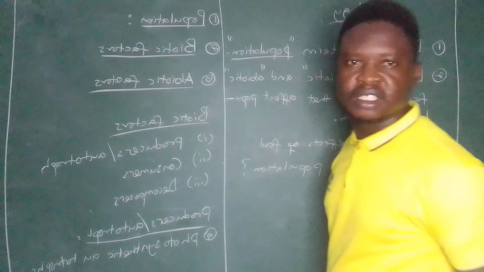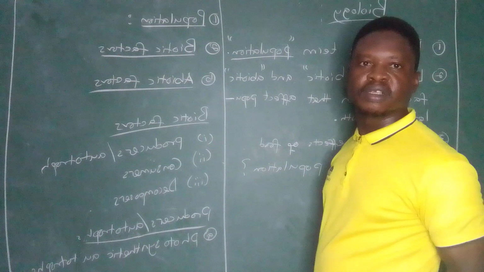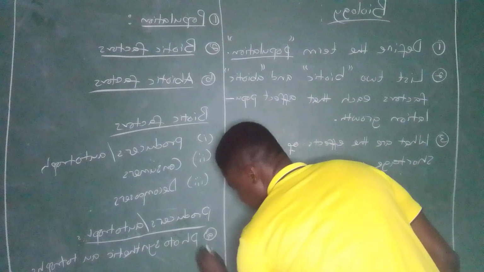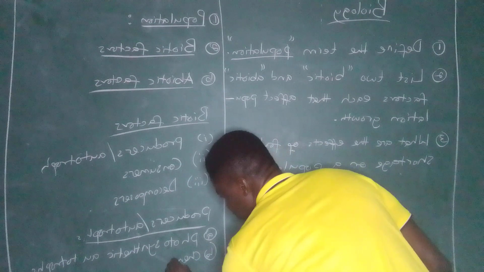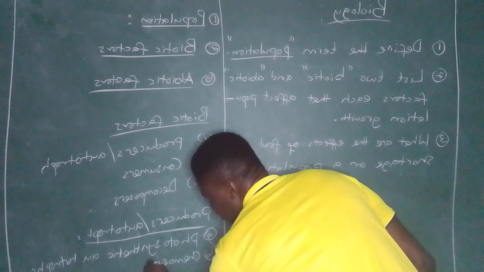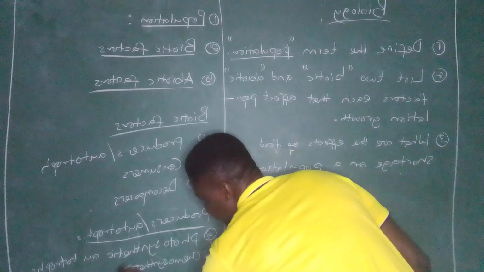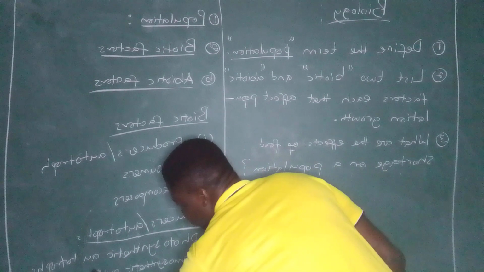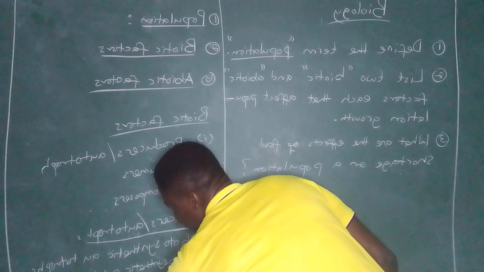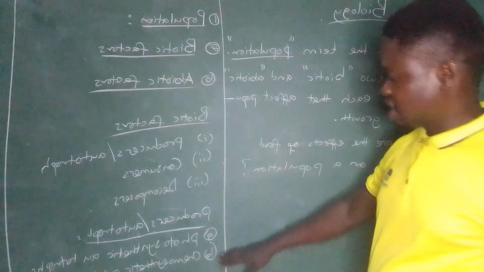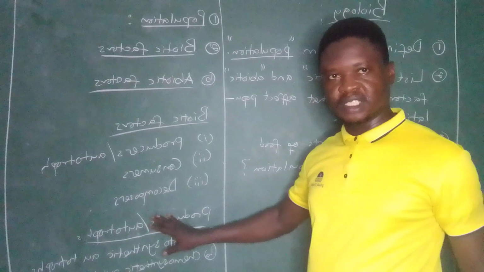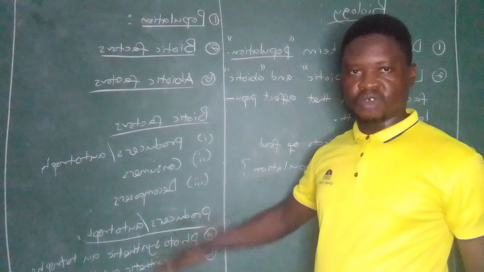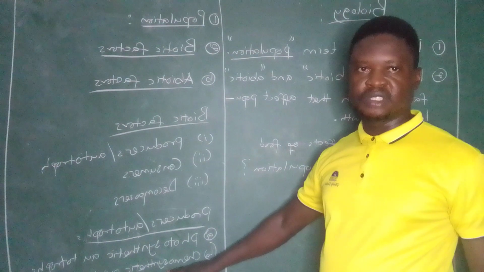I hope you can see that's okay. The other one is chemosynthetic autotrophs. The first one is photosynthetic autotroph. The second one is chemosynthetic autotroph.